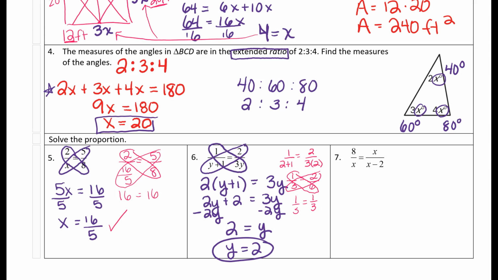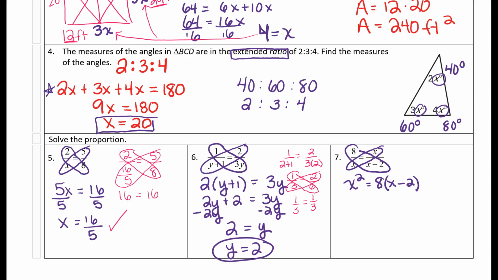Now, let's move on to question 7. Question 7 is going to get a lot more algebra involved because when we cross multiply, when we say x times x, we get x squared equals 8 times x minus 2. So the first thing you need to notice is, okay, an x squared popped up, therefore I have a quadratic.